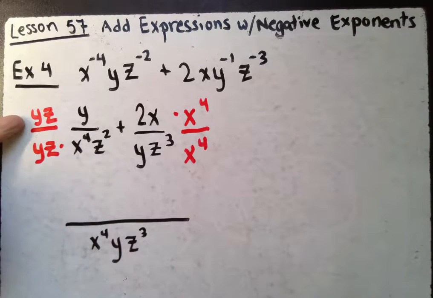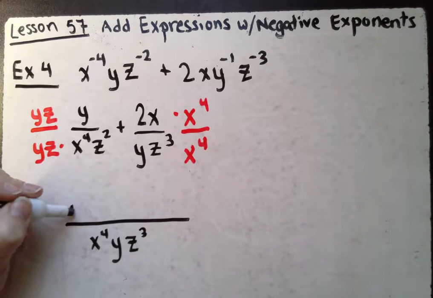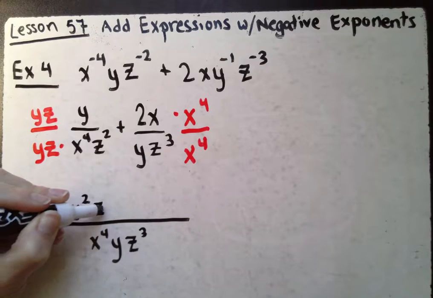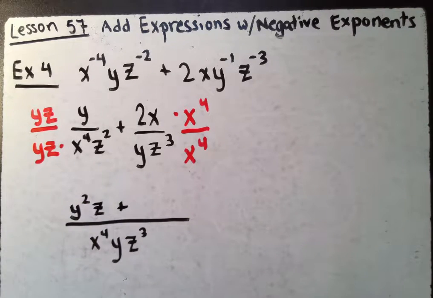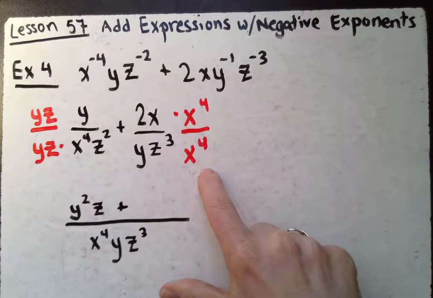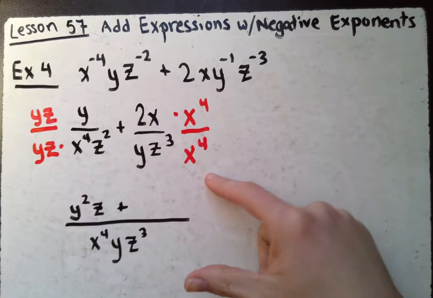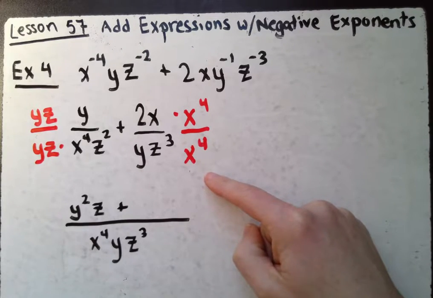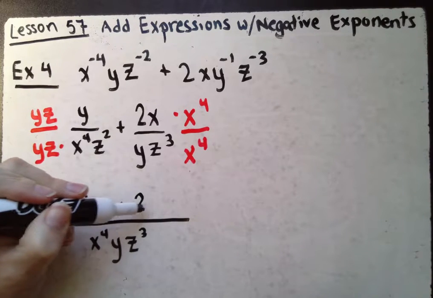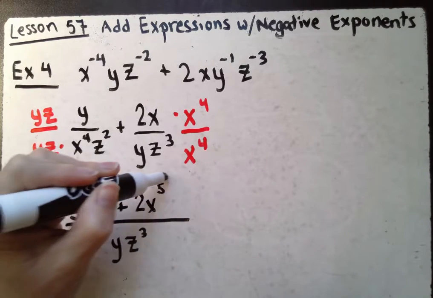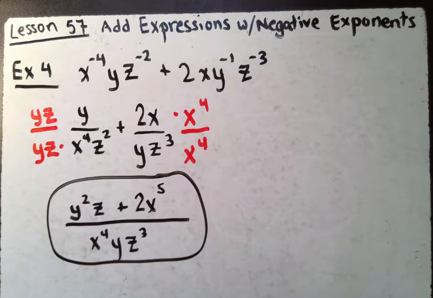So I would do the same at the top, which would give me a new numerator of y squared z. And for the second one, in order to get to the least common denominator, I had to multiply the top and bottom by x to the fourth. So then I have 2x to the fifth as my new numerator, and that's my answer.